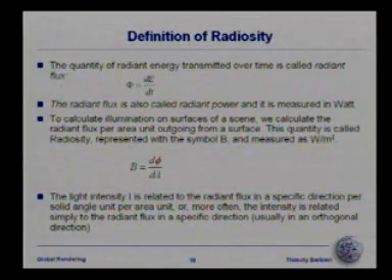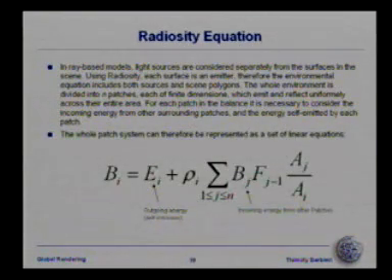Those I'm sparing you. So, in ray-based models, light sources are considered separately from the surfaces in the scene. If you're using radiosity, each surface is an emitter. So actually, the idea that there is a light source and there is a surface which receives the light is sort of thrown away in radiosity. In radiosity, every patch is an emitter and every patch is an absorber.